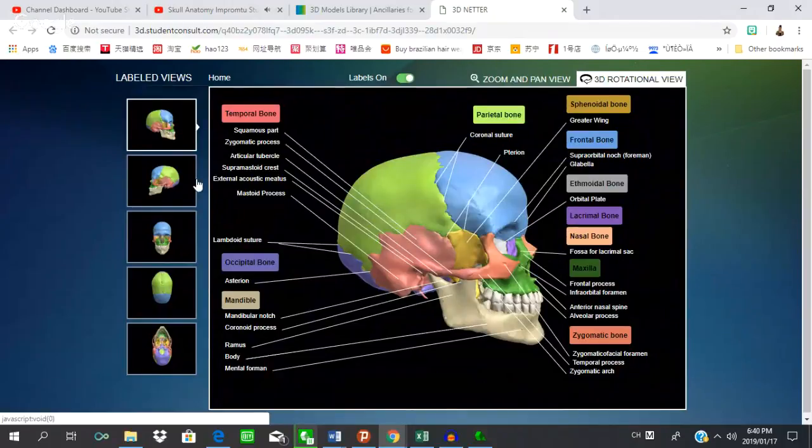And just being able to see that there's not going to be much difference from the right to the left. Maybe when you come to soft tissue, but from a skeletal point of view, the right and the left are going to be exactly the same because it has to be symmetrical.